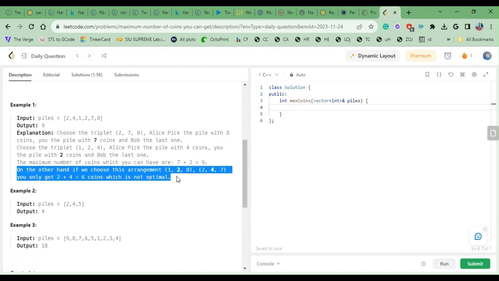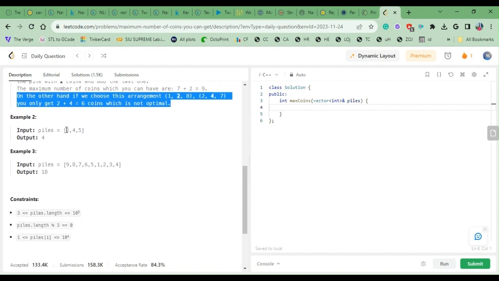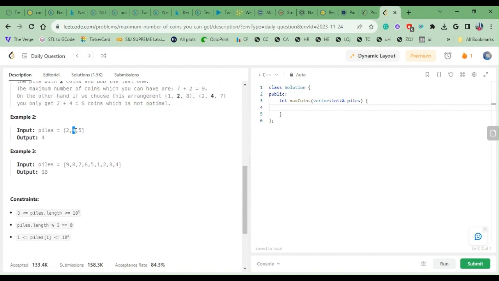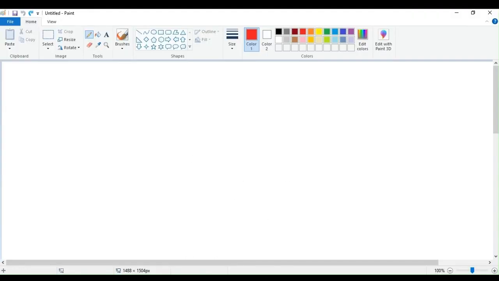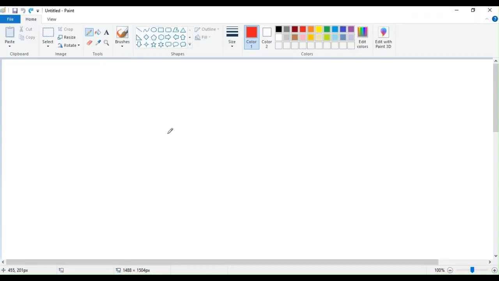So this is actually the problem they asked to solve. Here with only one triplet, 4 is the second maximum, so you should pick 4. But here the answer is 18, so we have to understand how it's 18. Let's explain the third example.